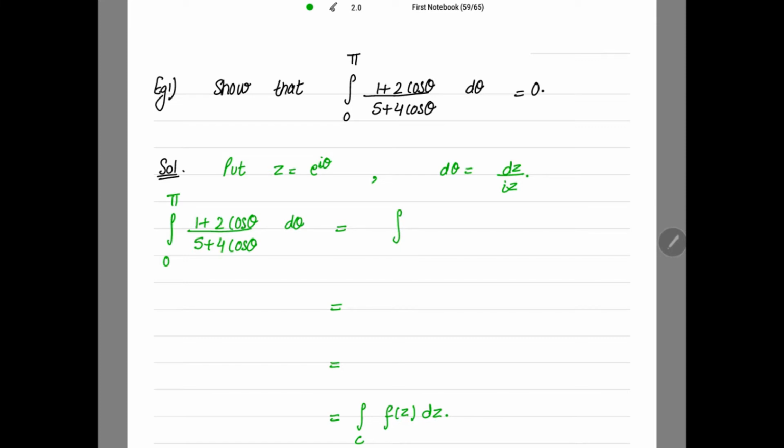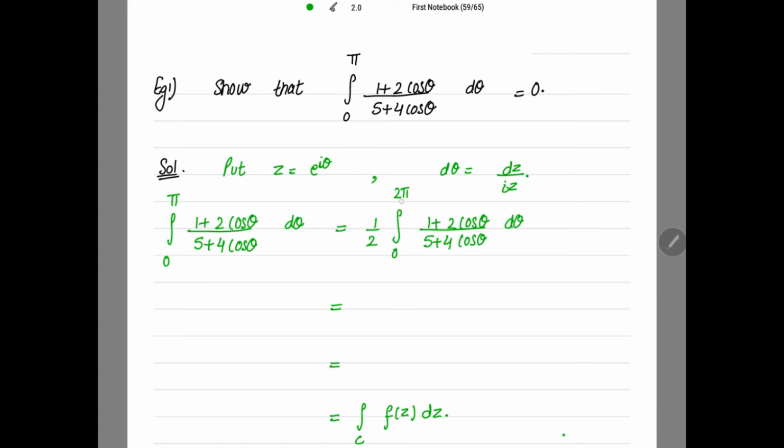So I am changing these limits to 0 to 2 pi, and whenever we change the limits from 0 to pi to 0 to 2 pi, we divide the integration by 2. So this is 1 plus 2 cos theta over 5 plus 4 cos theta d theta.